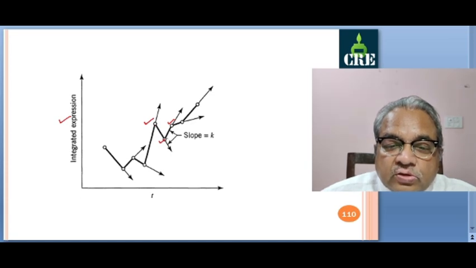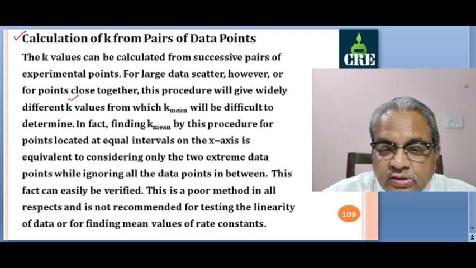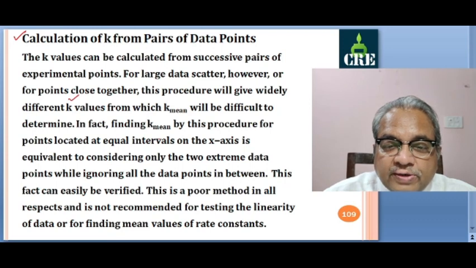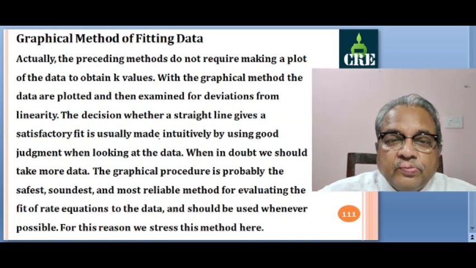If you consider these two consecutive intervals and connect them, this represents one slope and this represents another slope. Just considering these two consecutive points, we will get different k values, with wide variation. So this method we never use.